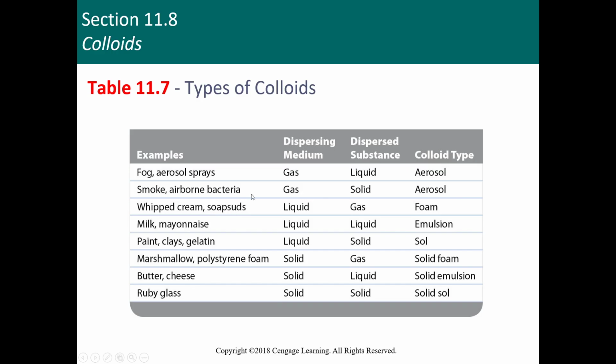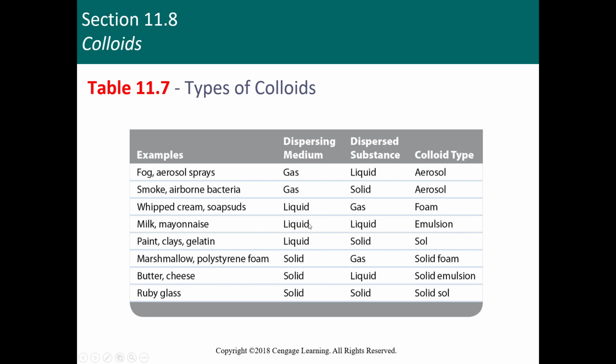Whipped cream and soap suds are both examples of a dispersing medium, which is a liquid, with gas dispersed throughout it. That's what makes whipped cream so light and fluffy. This is called a foam. Milk and mayonnaise are a liquid dispersed in a liquid.